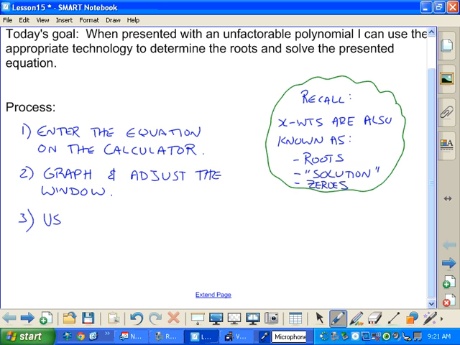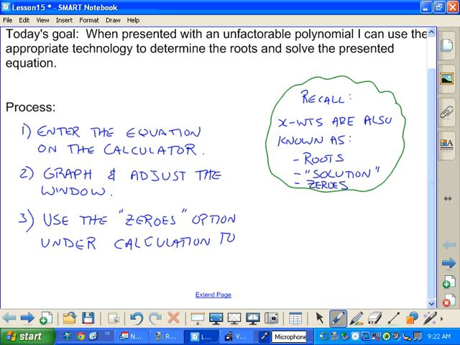So use the zeros option under calculations on the graphing calculator to find the roots.